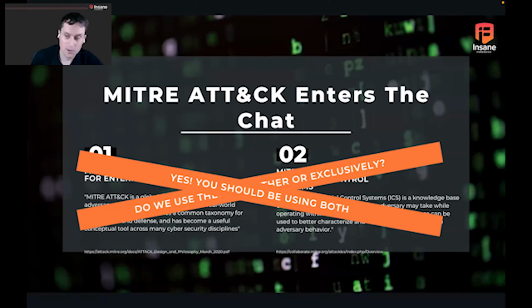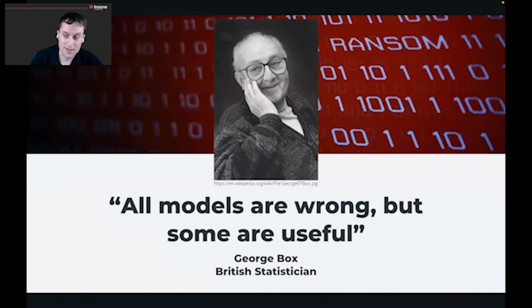A quote from George Box, British statistician: when you look at models, all models are wrong, but some are useful. Whether it be statistics and math, or a model like ATT&CK used in cybersecurity, there's a lot of truth to this.